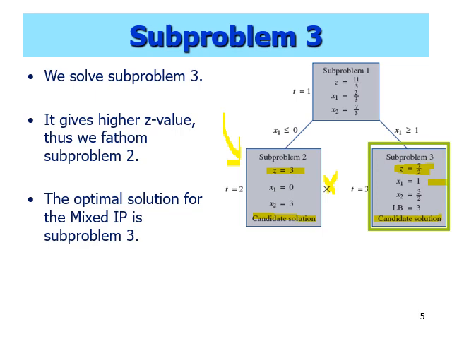Since there are only two variables involved, you may solve it using a graphical approach, which is not shown here but is exactly the same as in the previous video. You may want to redo this problem using the graphical approach to find the solution for subproblems 1, 2, and 3.